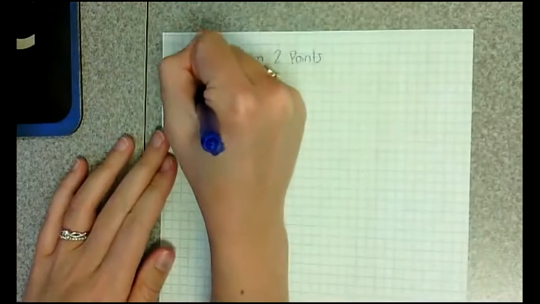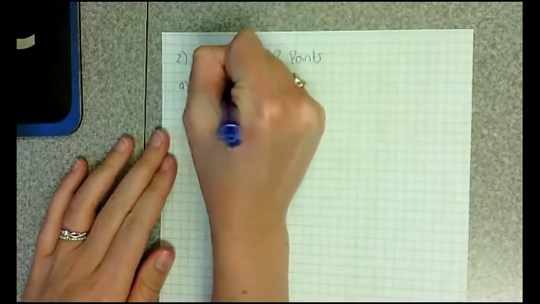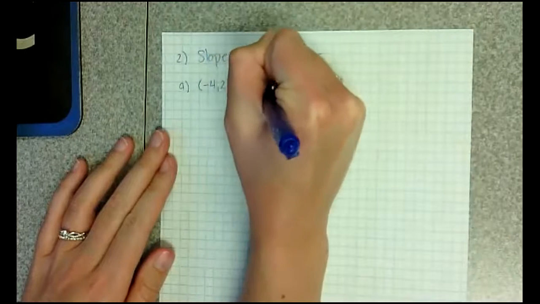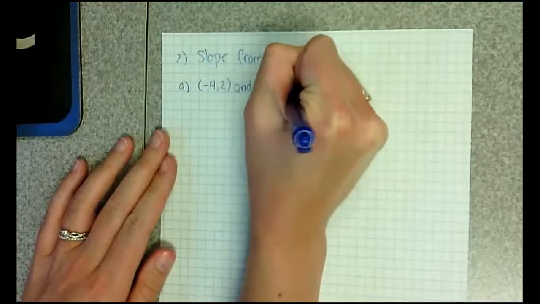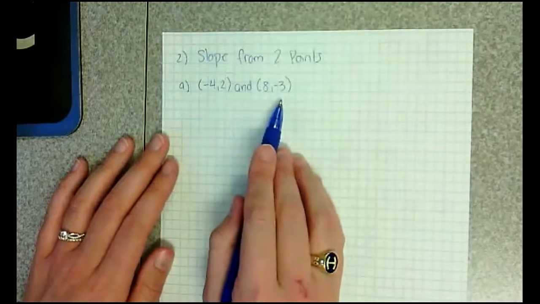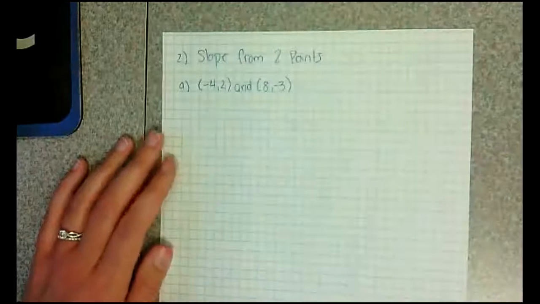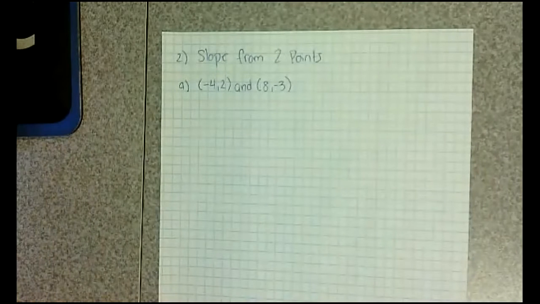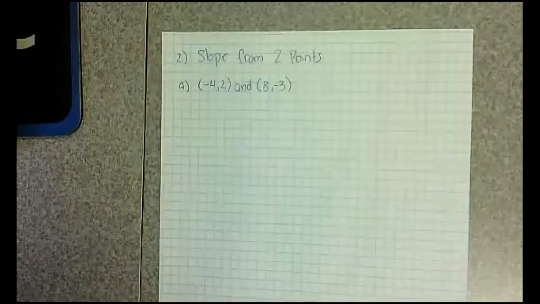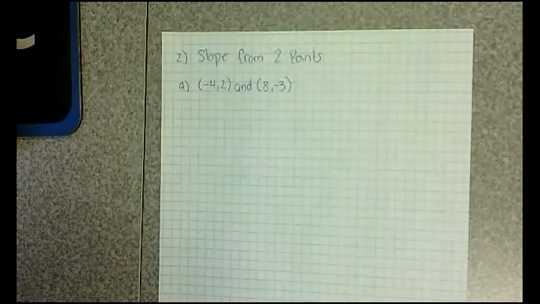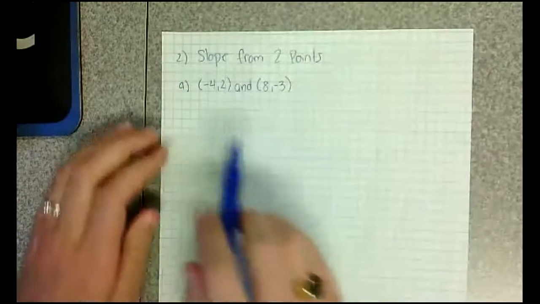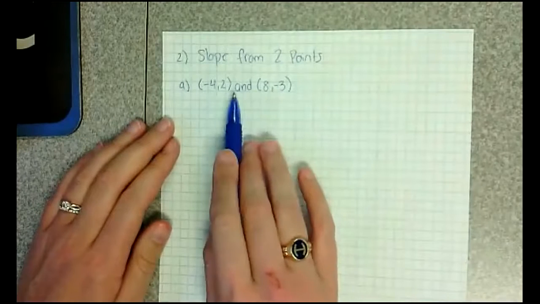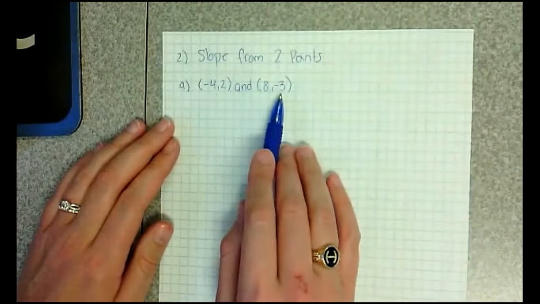And so the first example, I'm giving you these ordered pairs: -4, 2, and 8, -3. These are the ordered pairs that we're going to use.